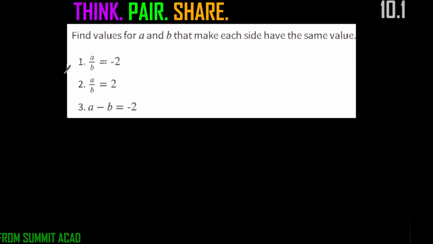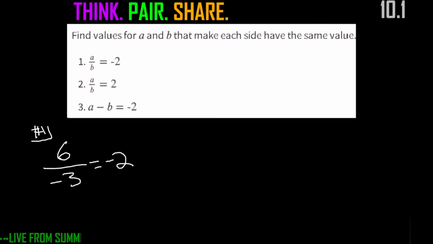For example, for number 1, I could say something like if I let A be 6 and B be -3, I would say that's equal to -2. And just make sure that you are plugging those values in and making sure it equals that value. Then I could say another example for number 2. I'm trying to get +2 this time, so maybe I can use those same values.